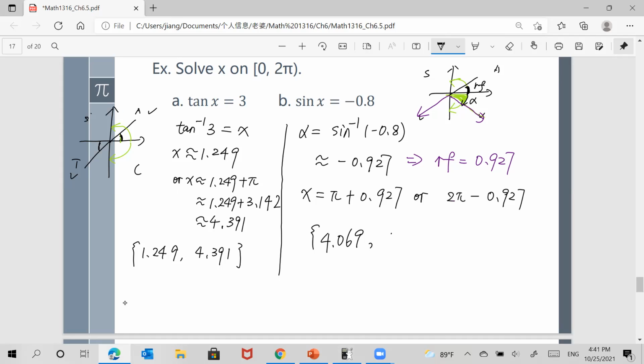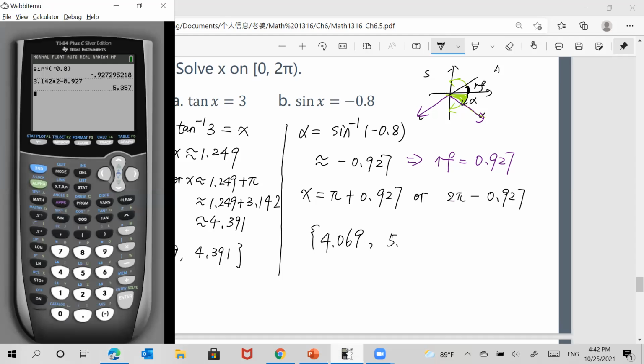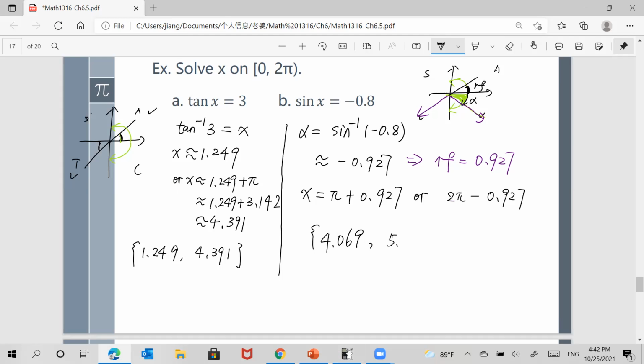I got 5.357. Okay, this is the solution for this question.